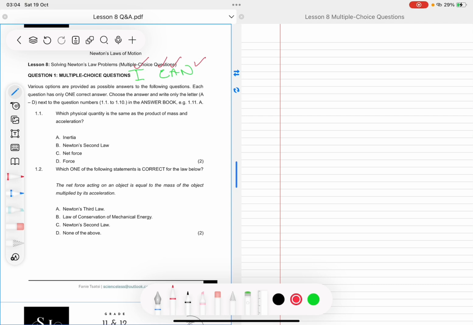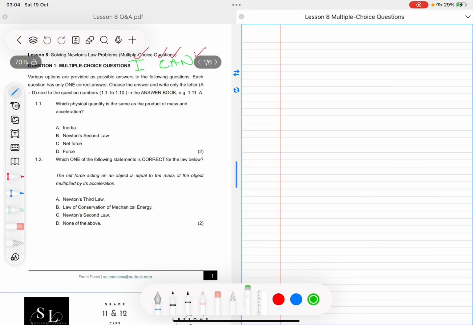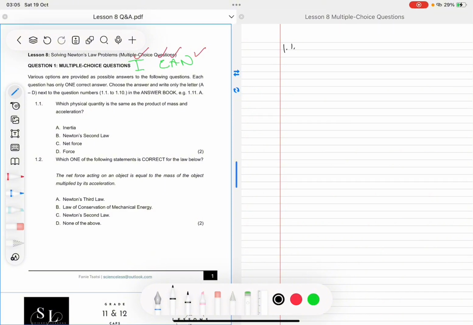So I'll start with 1.1. In 1.1, they say, which physical quantity is the same as the product of mass and acceleration? Now let's fix the English here.